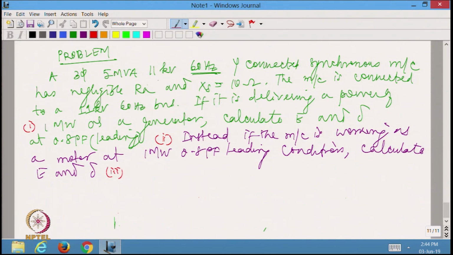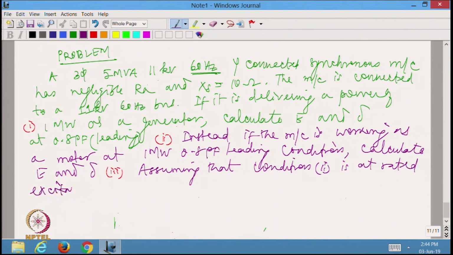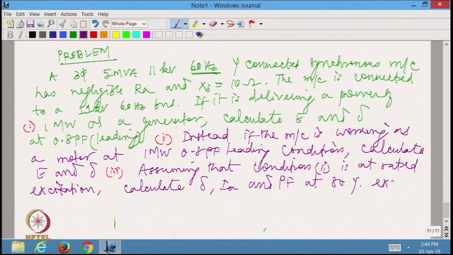Third portion is assuming that condition 2 is at rated excitation, calculate delta, IA and power factor at 80% excitation and 1 megawatt output for motoring operation.